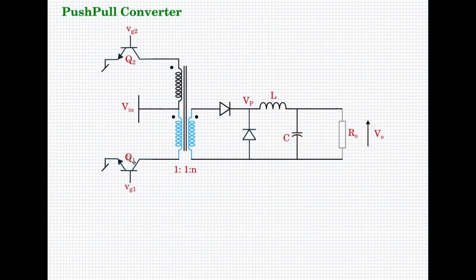When the transistor Q1 is off, this blue winding is out of the picture, but there is energy stored in the core of the transformer.